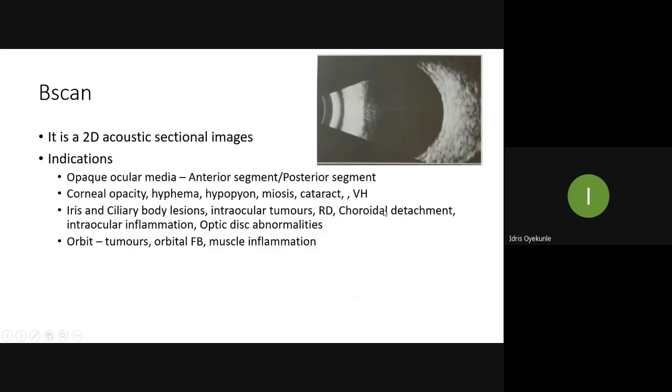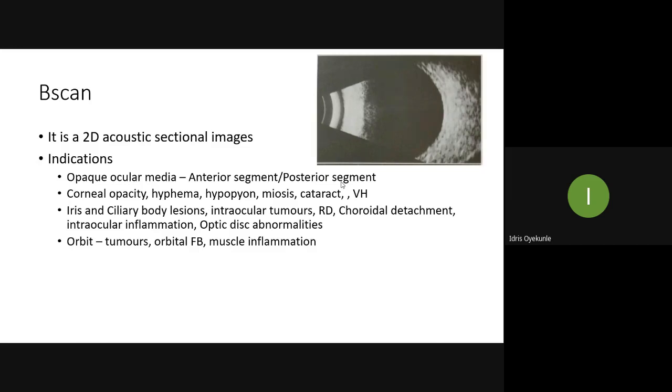While the B-scan is very popular, it's a two-dimensional acoustic sectional image, and it's indicated especially in assessment of the globe in the presence of opaque ocular media, both anterior and posterior segment opacities. Also, when there is corneal opacity, like hyphema, hypopyon, miosis, and you can't see what's going on at the back.